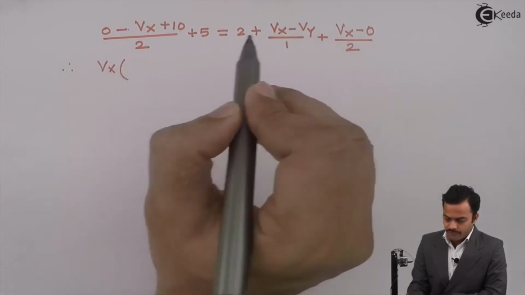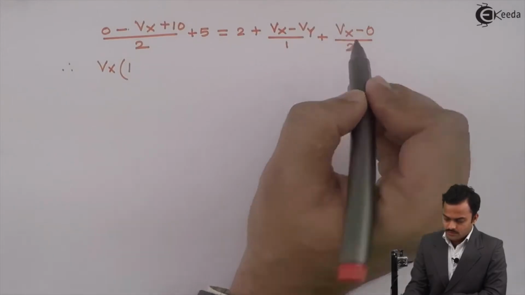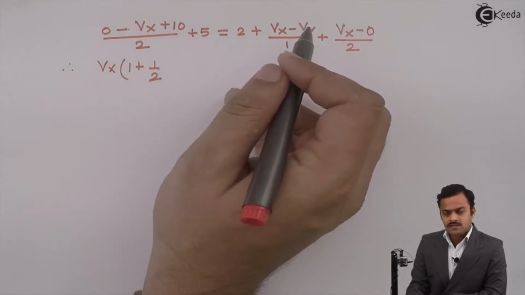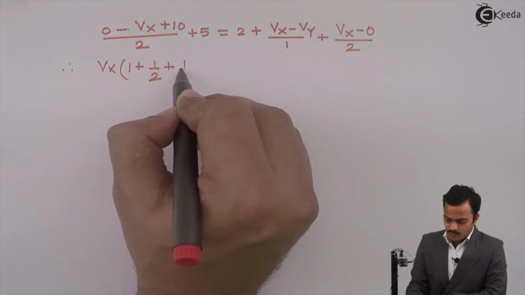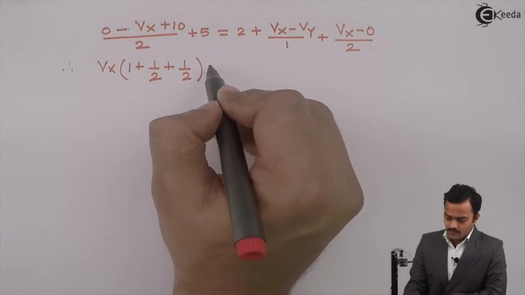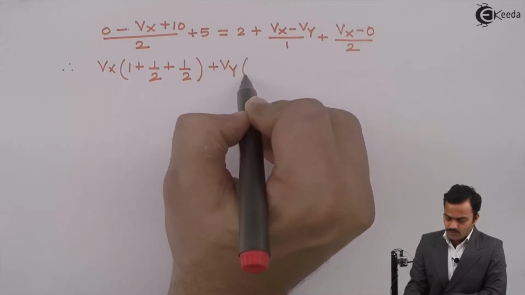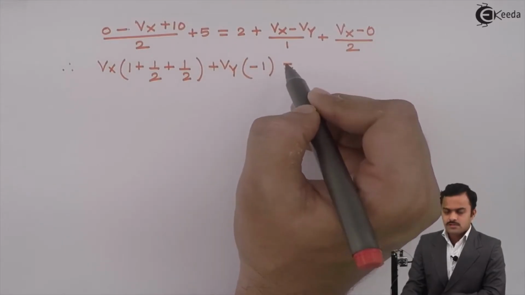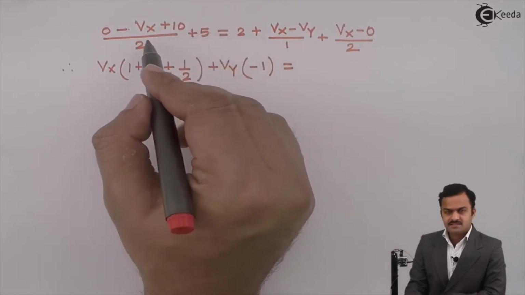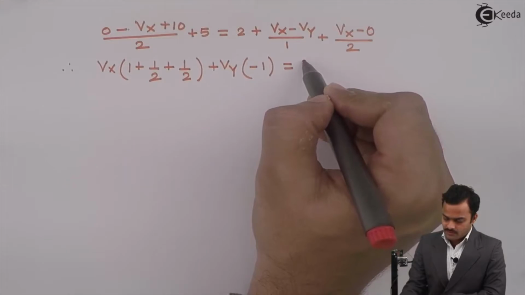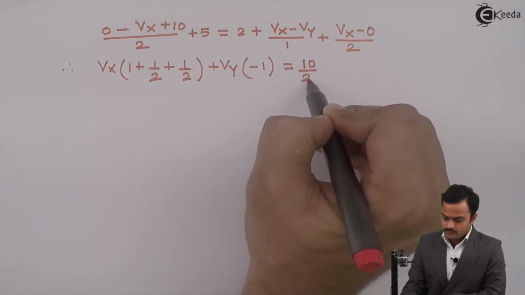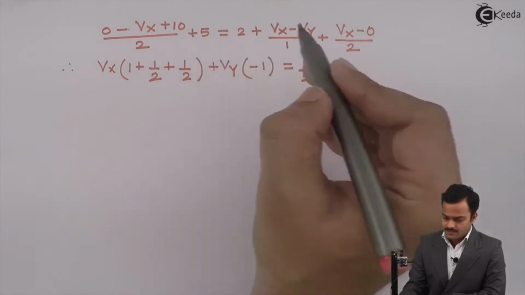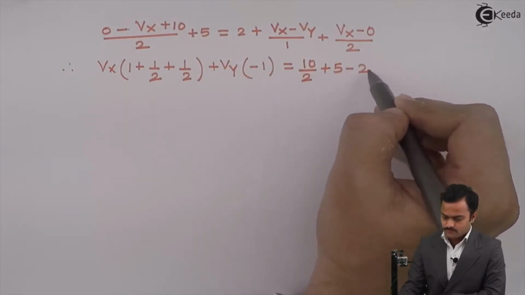Vx, I take the coefficient of this is 1, this coefficient is 1 by 2, and if I take this term on this side, I will get one more coefficient of 1 by 2. Vy, only one term is present having a coefficient minus 1, equals all constants I will keep this side. So already available constants are 10 divided by 2 plus 5, this 2 will come this side, which will become minus 2.